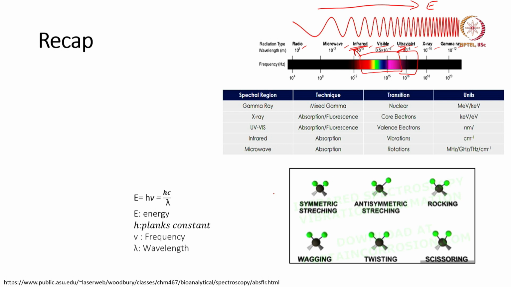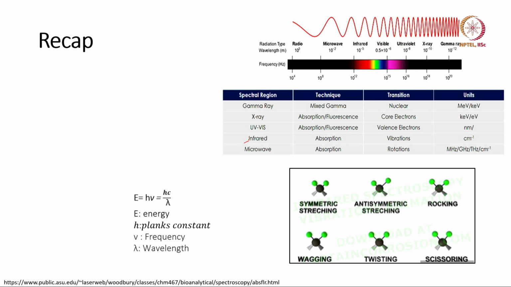If you want to learn about this in detail, you can refer to our previous lecture regarding the basics of EM waves, the basics of characterization and infrared spectroscopy.